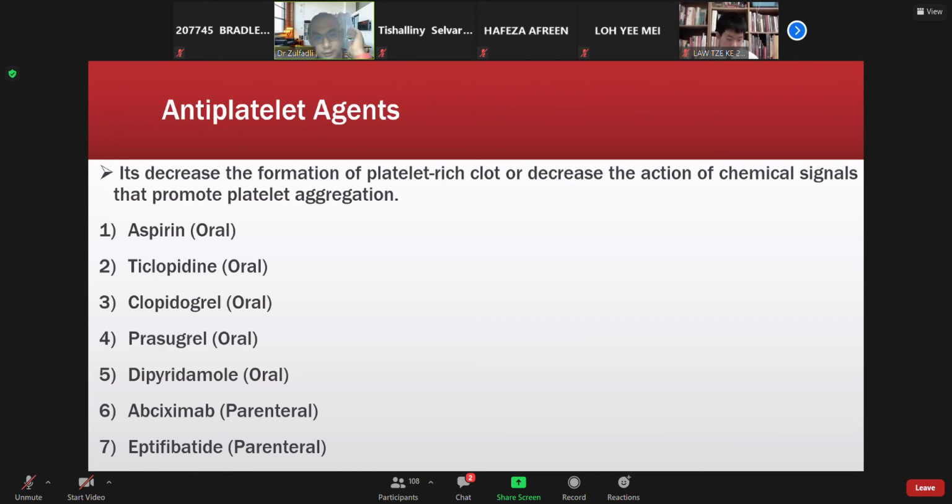So either it decreases the formation of platelet aggregation or stops the signal in the platelet aggregation cascade. Examples: aspirin, ticlopidine, clopidogrel, prasugrel, dipyridamole, abciximab, eptifibatide, and tirofiban. Unfortunately, you have to know all these 8 drugs. At least seven of the drugs you need to remember and understand the mechanism of action.